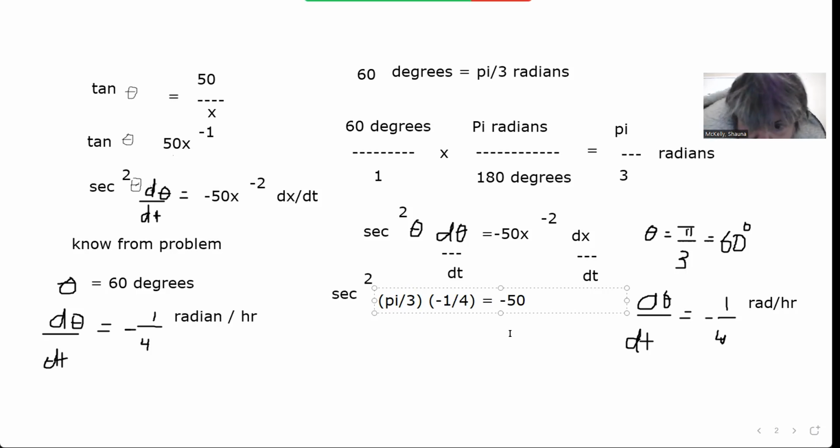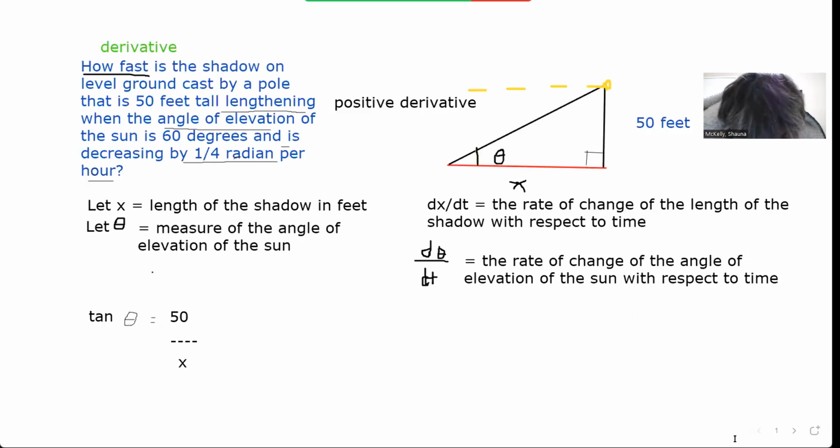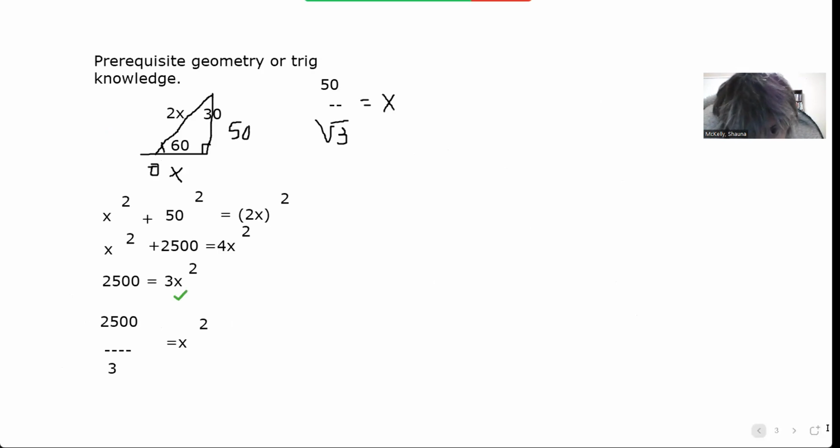Remember, we got on the other whiteboard, x was this thing here, 50 over the square root of 3 for the angle that we talked about.